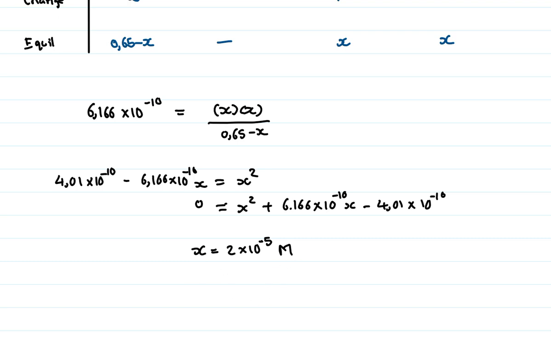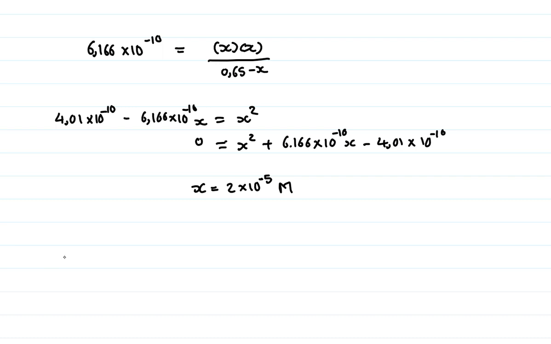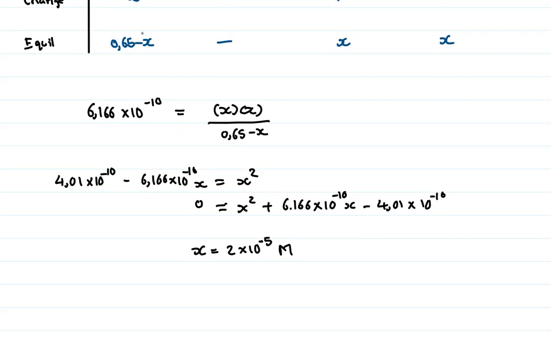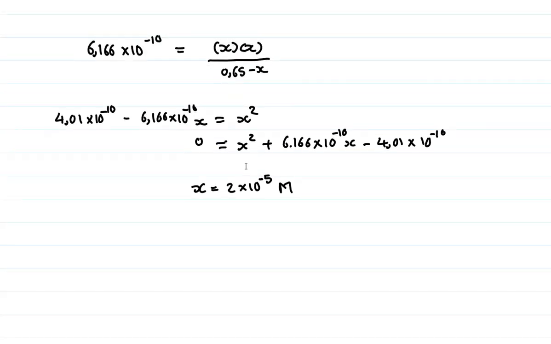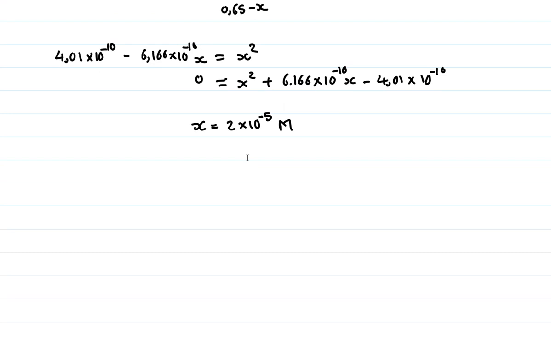So now let's find the percentage dissociation. We can assume that the equilibrium concentration of hydrogen cyanide is equal to 0.65, that is, 0.65 minus x is almost equal to 0.65. We can assume this because it's a weak acid and it does not dissociate completely.